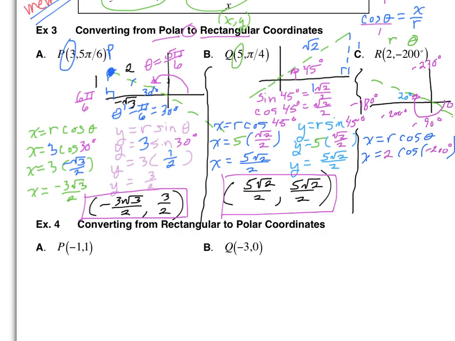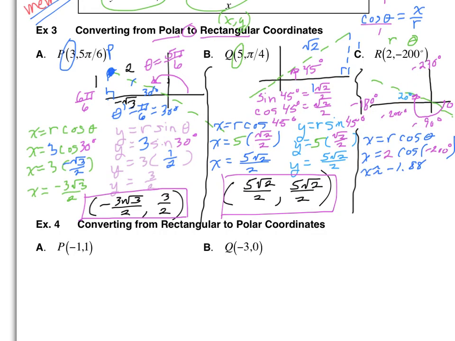When you put 2 times the cosine of theta in your calculator, let's round to 2 decimal places, so you're going to get an approximation. So you get negative 1 point what? It'll be 88. Does it make sense that x is negative in quadrant 2? Shouldn't x be negative in quadrant 2?